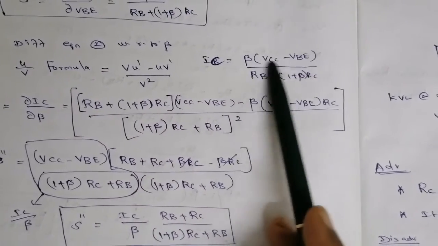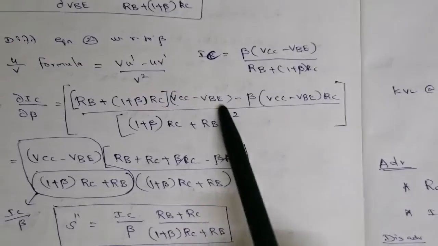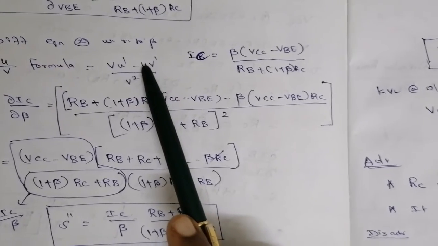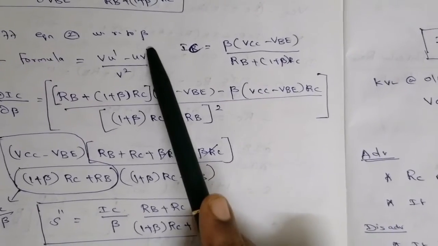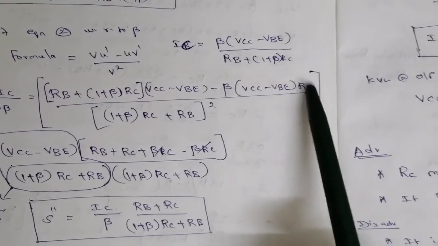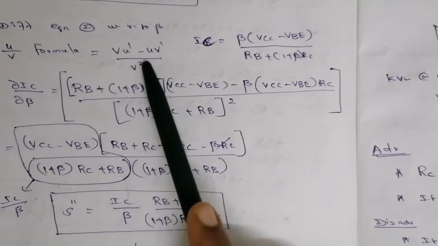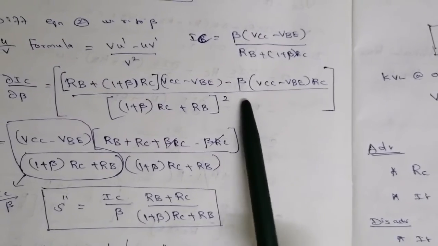Now differentiate this term with respect to beta. So we get VCC minus VBE. Next minus U. Simply write the U term, that is the numerator term, beta into VCC minus VBE, into V dash. Differentiate the denominator term with respect to beta. We can get RC only. Divided by V squared. So RB plus 1 plus beta RC the whole square.